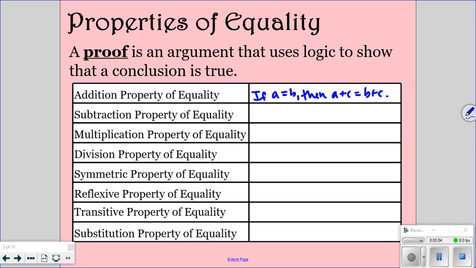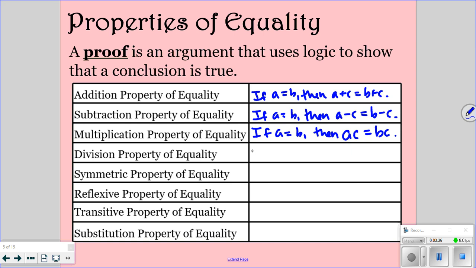For the subtraction property, if A equals B, then we can say A minus C equals B minus C. You can subtract the same quantity from both sides of your equation. For the multiplication one, if A equals B, then A times C is going to have to equal B times C, because you can multiply both sides of your equation by the same thing.